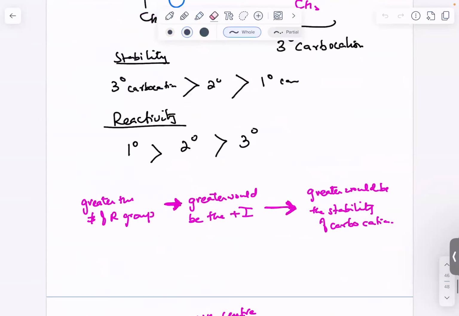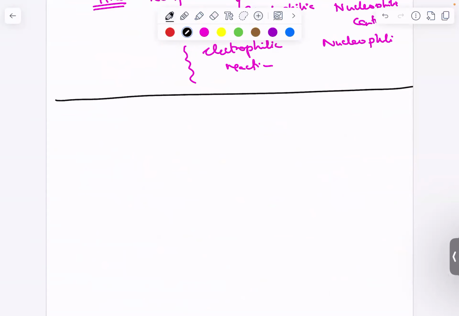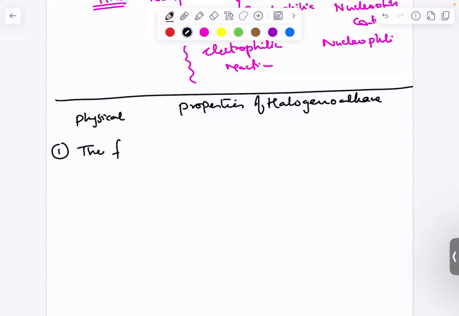All right. There it is. So, properties of halogenoalkanes. It is also called haloalkane, right? Now, the physical properties are number one, they form the homologous series, physical and chemical properties.